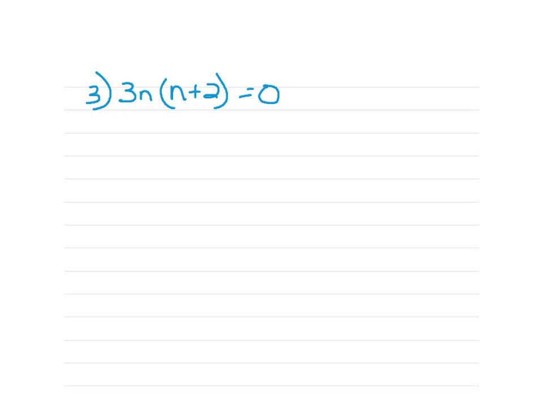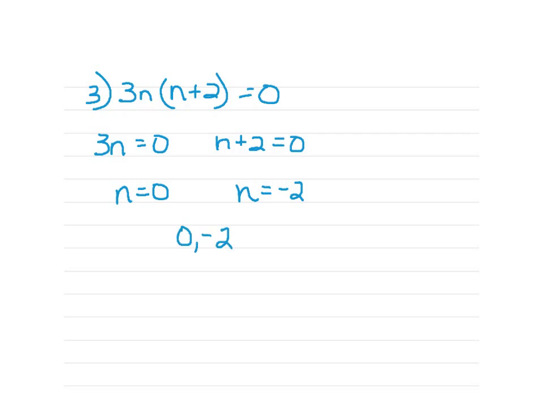That tells me that 3n equals 0, or n plus 2 equals 0. So divide here by 3 on both sides, n is 0. Subtract 2 on both sides, n is negative 2. So for this one, my roots are 0 and negative 2.